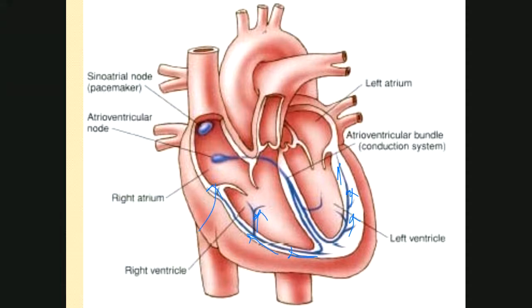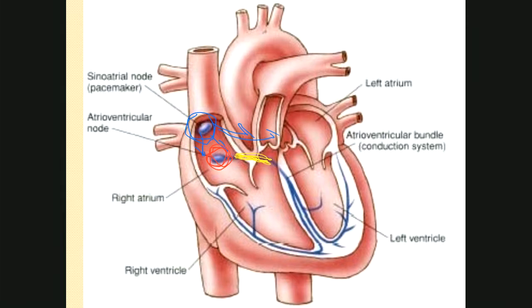So that action potential then spreads. So it starts here, spreads over the atria, it's picked up by the AV node. It's delayed here about 100 milliseconds, and then it's passed across the connective tissue by the AV bundle.